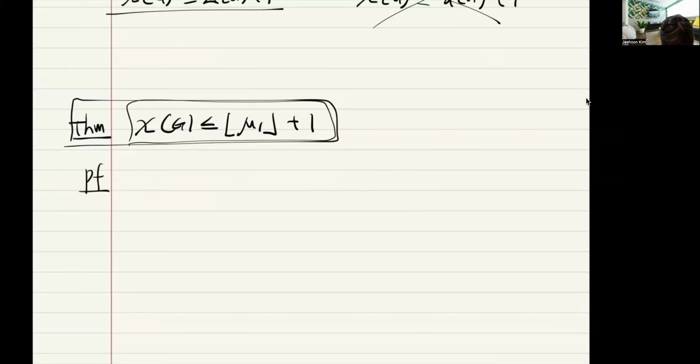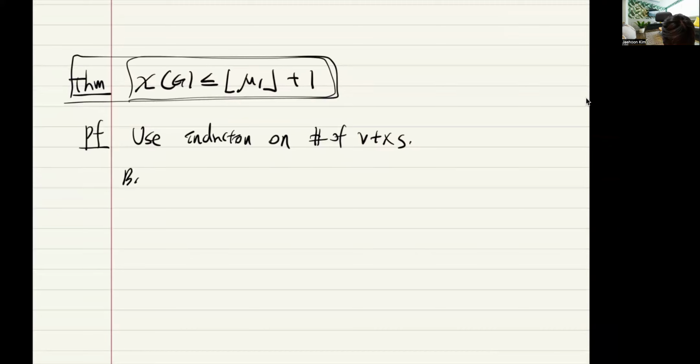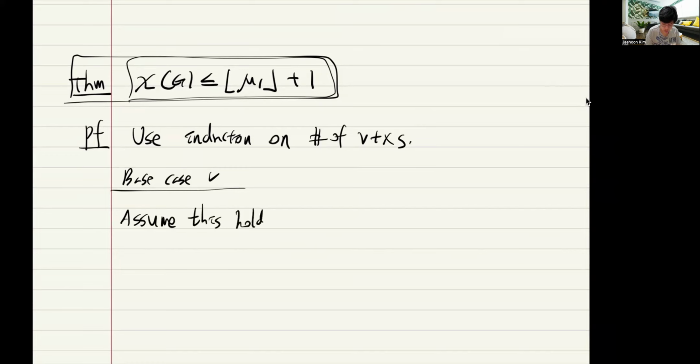And the proof is easy. We use induction on the number of vertices. The base case is trivial. When you have one vertex, it's trivial. And assume that this holds for n-1 vertices.